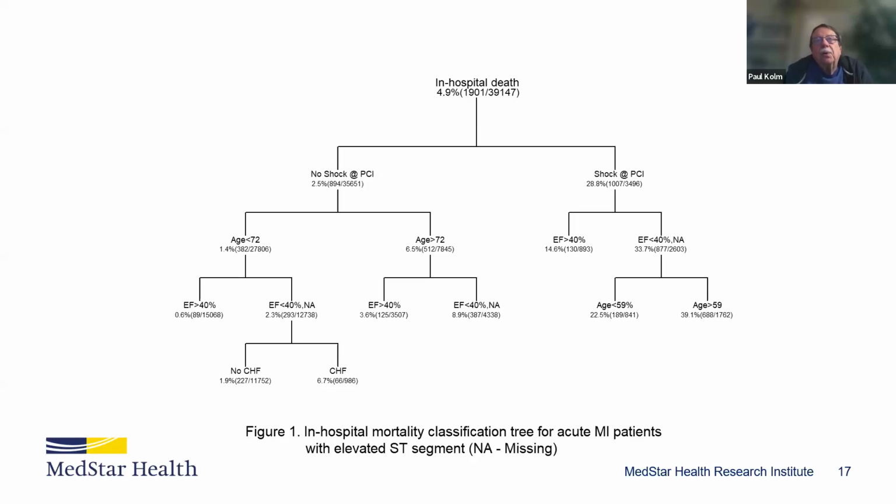If we were to do regular stepwise logistic regression, we would probably get shock as our first variable that enters into the equation. But by doing a tree, we can see the impact of other variables in the equation.